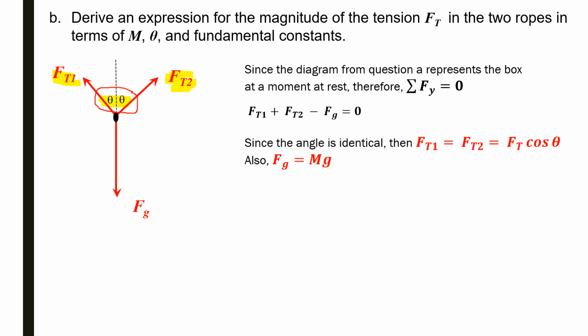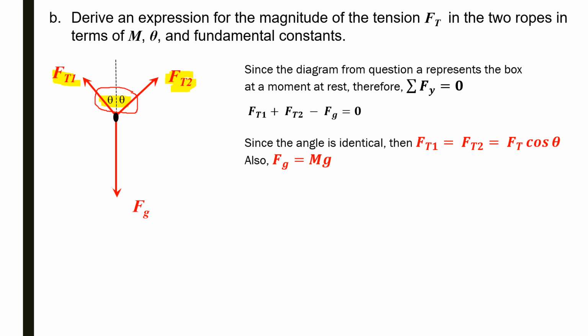Since the angle is measured from the vertical axis, we should use cosine theta as our function to denote the vertical component of the tension. And Fg is always equivalent to the mass multiplied by the constant g, which is the acceleration due to gravity.